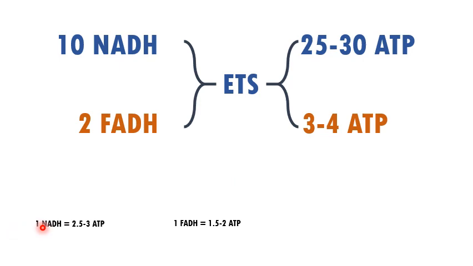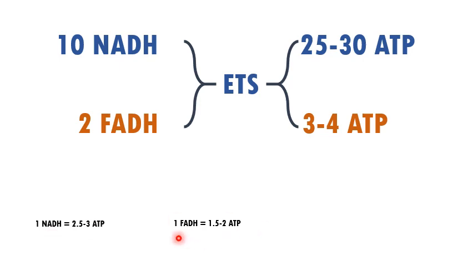So according to that, 1 NADH will produce 3 ATPs, but some literature suggests that 1 NADH produces only 2.5 ATPs. That means the protons generated in the electron transport system for 1 mole of NADH are capable of producing only 2.5 ATPs. That's what it means.